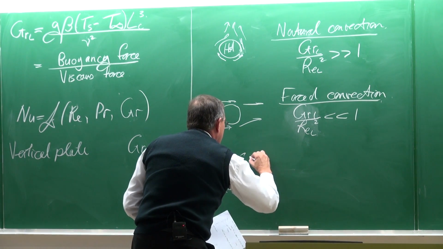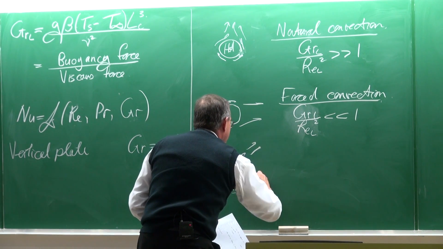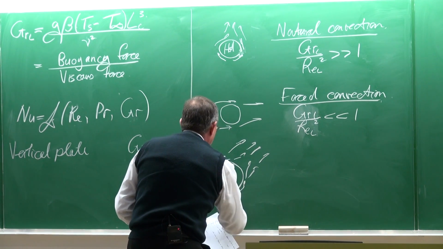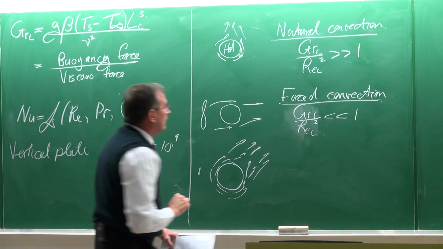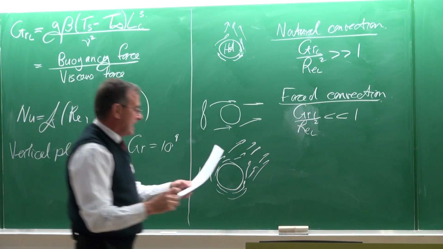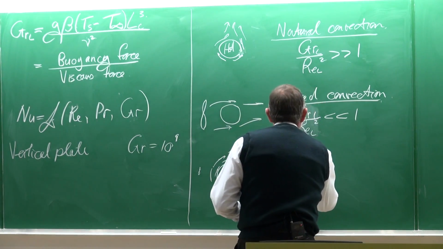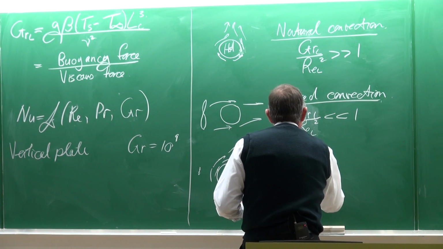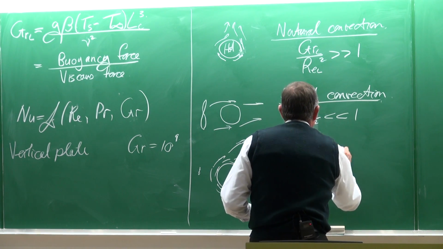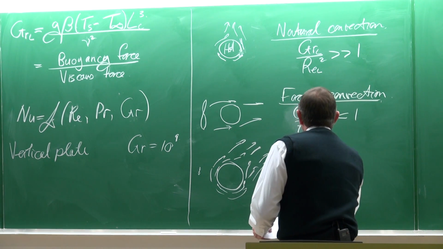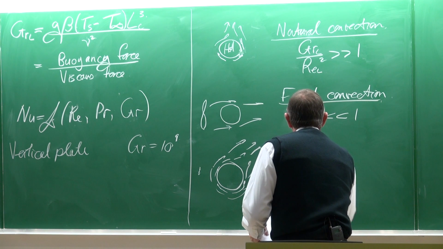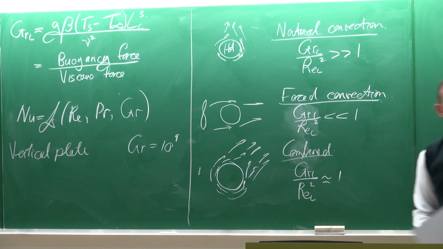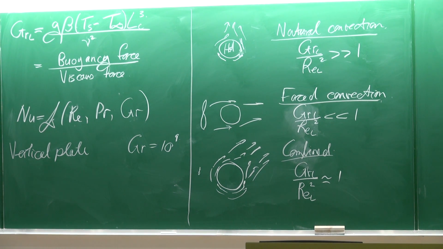However, the flow patterns or streams would do something like that. And this is considered a mixed convection problem, or rather let's say a combined convection problem. And for these cases, the Grashof number divided by the Reynolds number squared is approximately of the order of magnitude of 1.